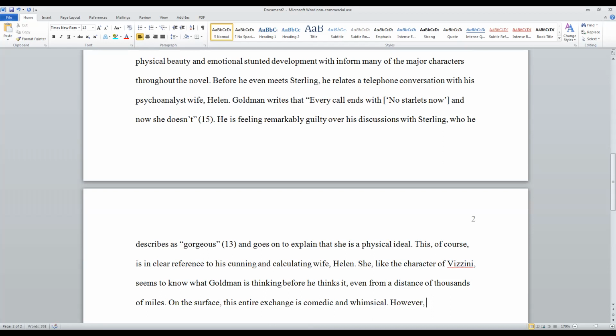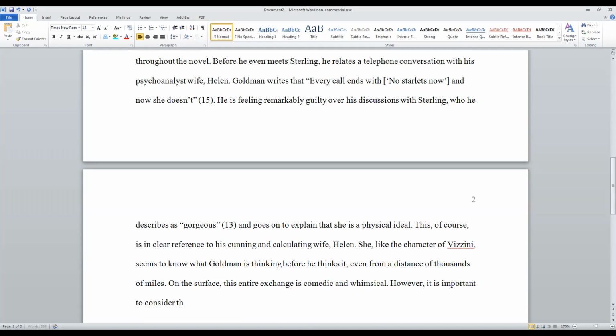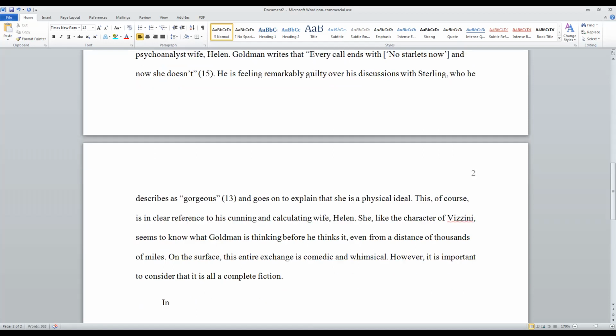However, it is important to consider that it is all a complete fiction. In point of fact, Goldman's wife was a former model and quite physically striking.